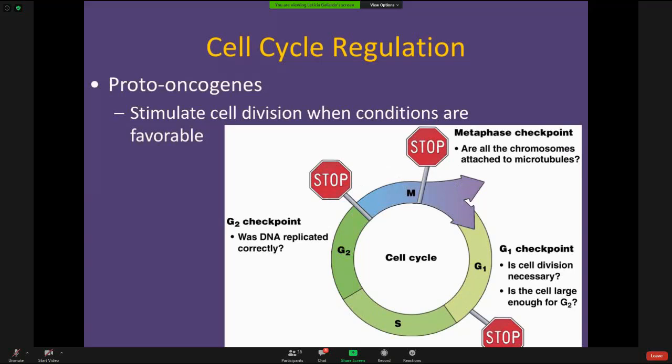Or if I have a cancerous mutation potentially in my cell, your cell has the ability to halt replication. Because remember, when you replicate an infected or a mutated cell, the two daughter cells that result are also going to be infected and mutated. And you don't want that in your body. You want the ability to keep that infection or disease in check.